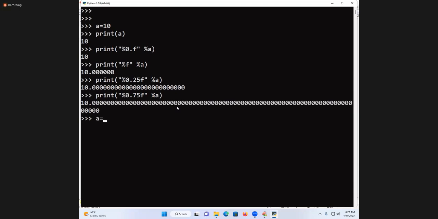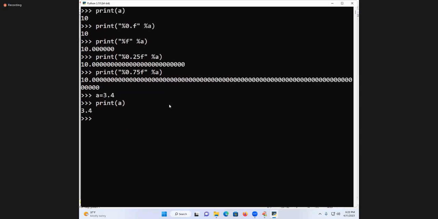Now a is equal to something like 3.4. When I say print of a, 3.4 is printed. Generally people will think 3.4 is 3.4 only. But in reality, 3.4 is not 3.4, my dear students. You see, 3.25 a. If anybody has a small problem with this projector, students, try to use the right side projector.